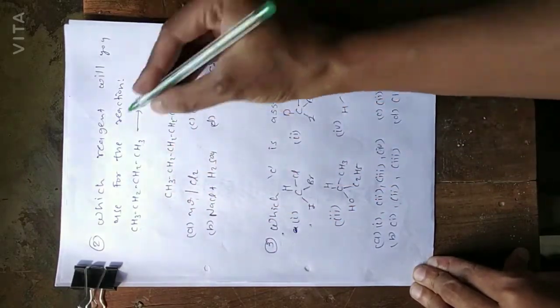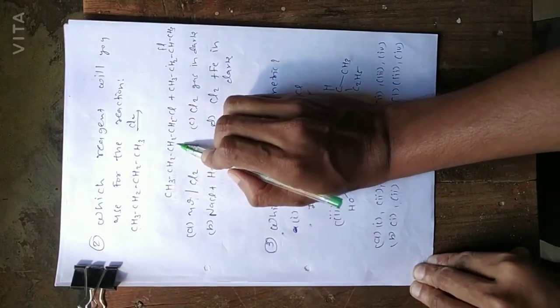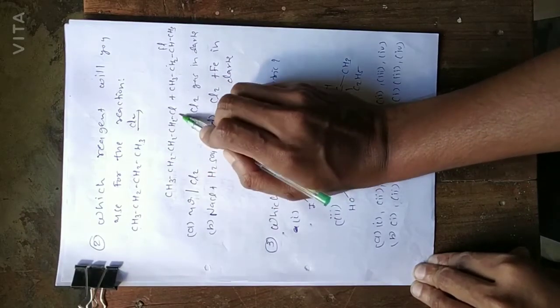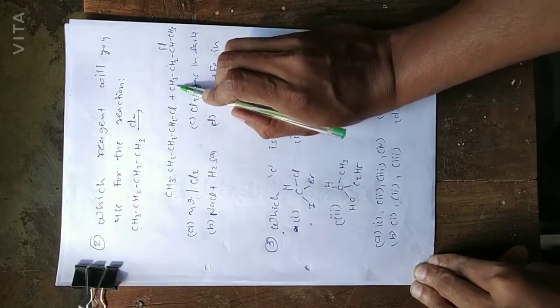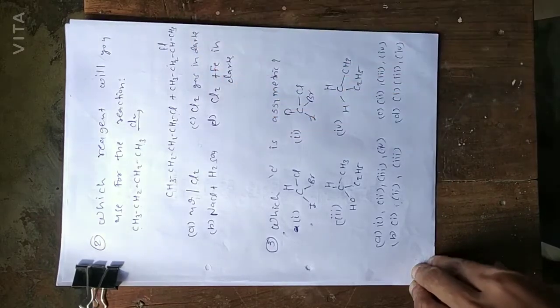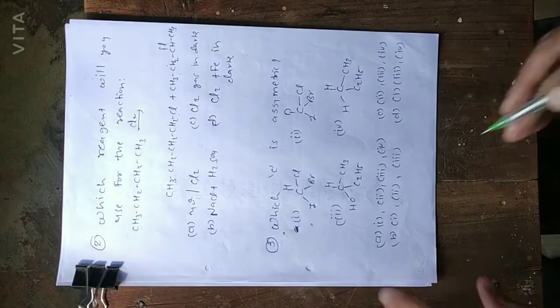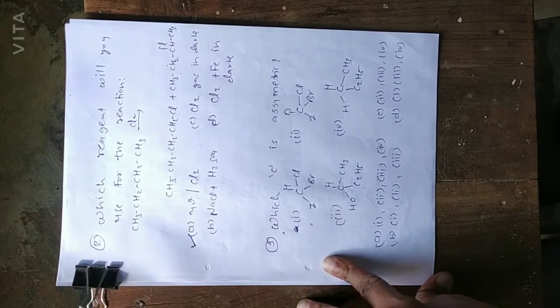When it reacts with Cl2, it gives CH3CH2CH2CH2Cl, means chlorobutane, 1 chlorobutane, and in addition to that, second product is our 2 chlorobutane, you can see here. Now it is halogenation of simple alkane. Halogenation of simple alkane is done in presence of ultraviolet rays. So our correct option is first one, ultraviolet rays and Cl2.